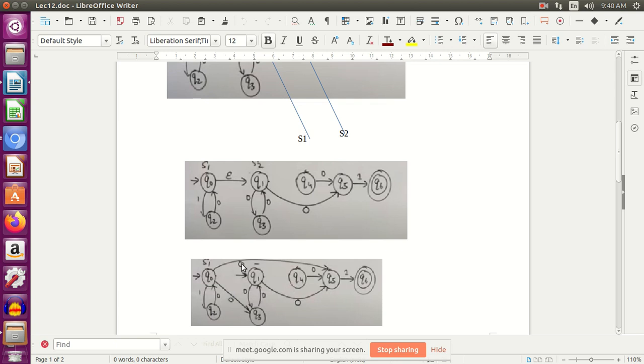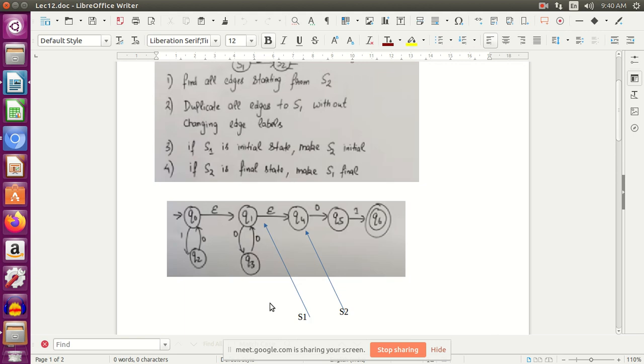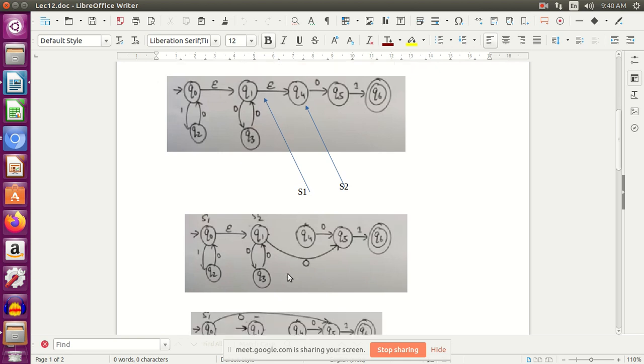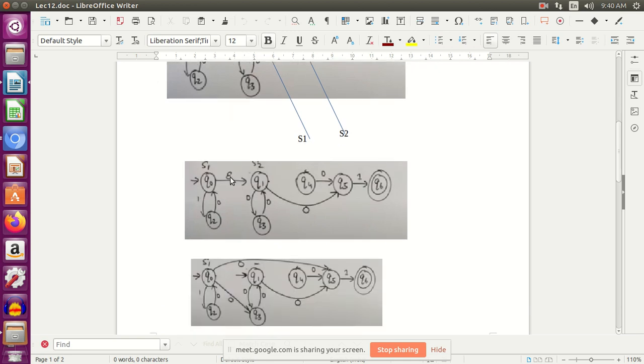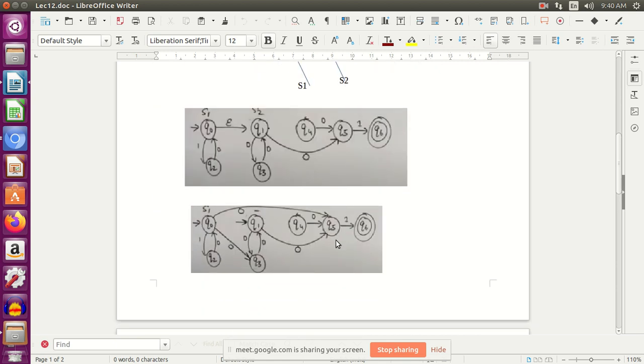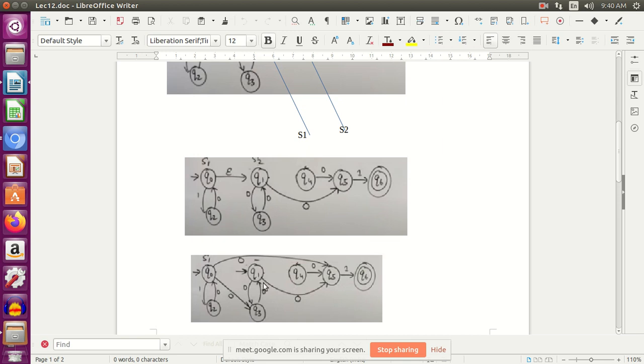Okay. Now after doing this, let's look at step number 3 and 4. If S1 is initial state, make S2 initial. So obviously again we will remove this epsilon transition. S1 was initial here, so we need to make S2 initial as well.